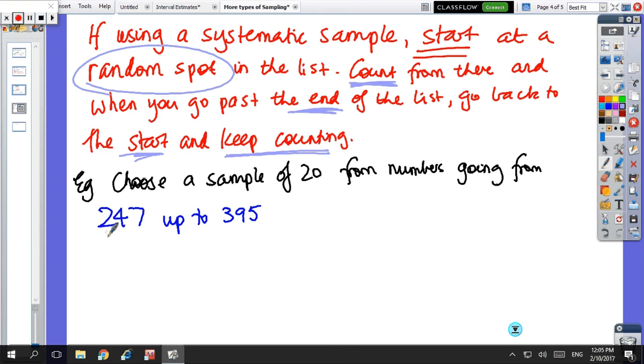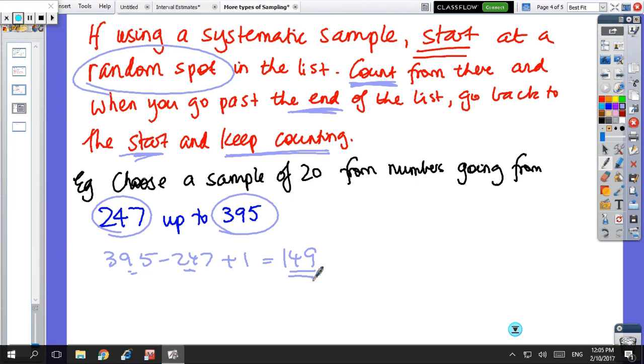So we've got numbers between 247 and 395, so we need to work out how big the group is. So to do that, we go 395 minus 247, and then you have to add 1 to get how big the group is. If you just subtract those numbers, you're 1 short. So that gives us 149, if you do that calculation.